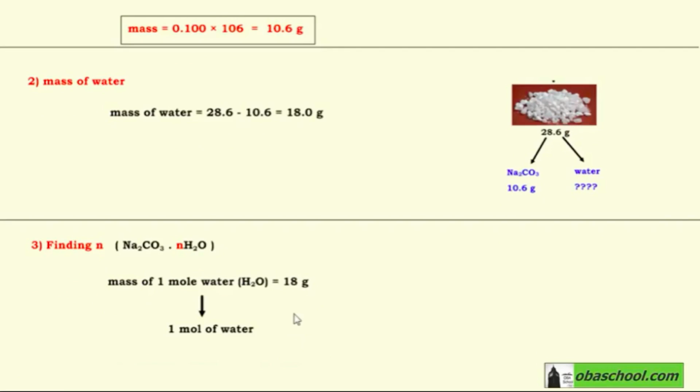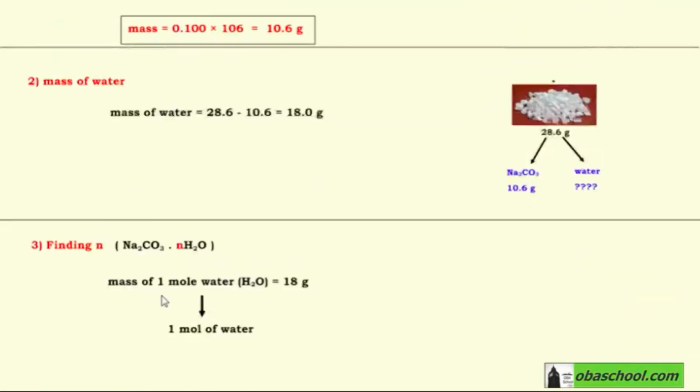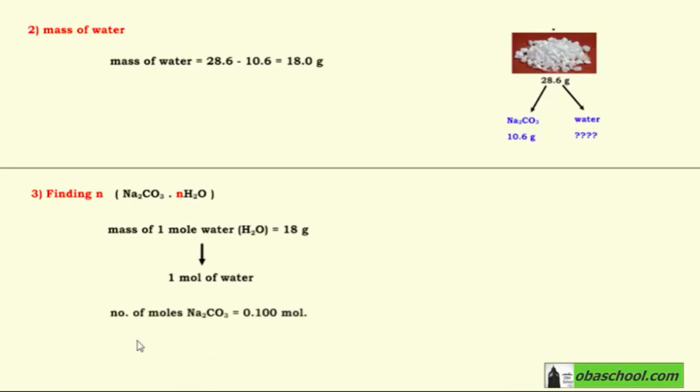Now let's go back to see the number of moles of sodium carbonate. As you know, it is 0.1 moles. So the number of moles of sodium carbonate equals 0.1 moles. Now I have the number of moles of water and the number of moles of sodium carbonate.